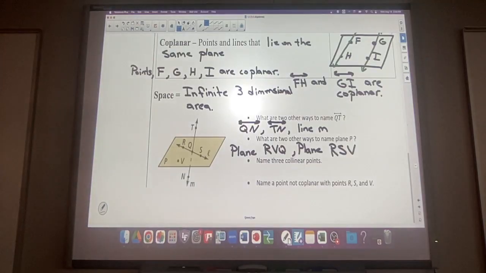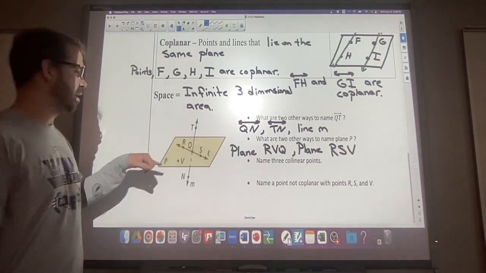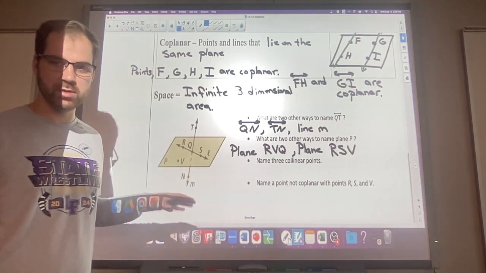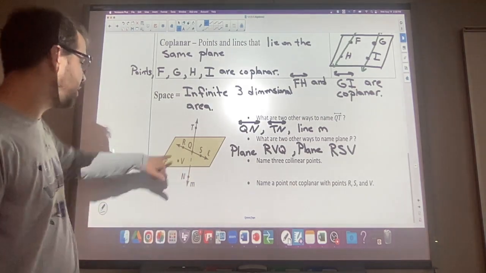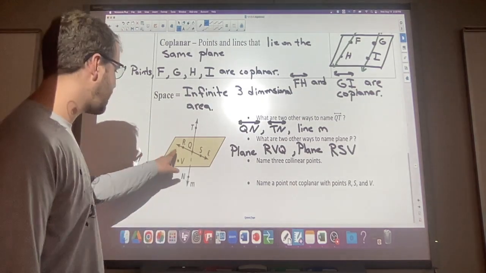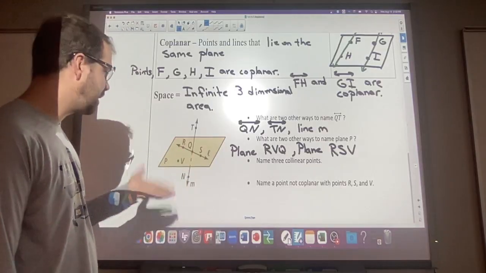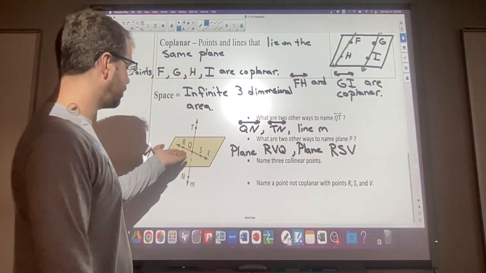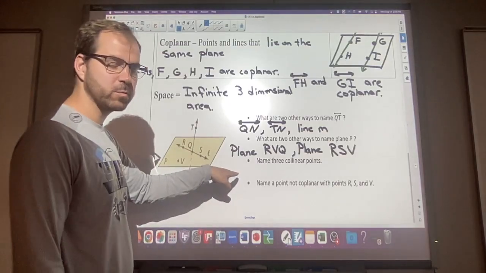Now, I just realized something I forgot to mention earlier. It is important that you pick 3 points that are non-collinear, because otherwise you're just describing a line, right? So we would not say RQS, because that could also be describing a different plane, because they're all on the same line.